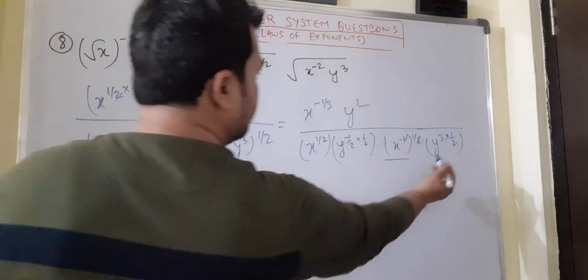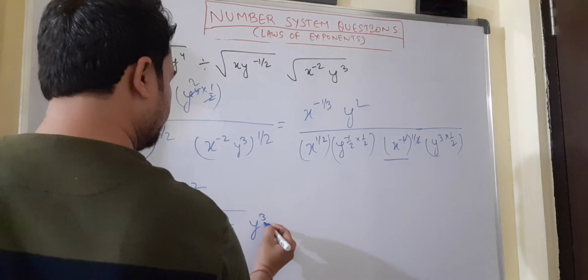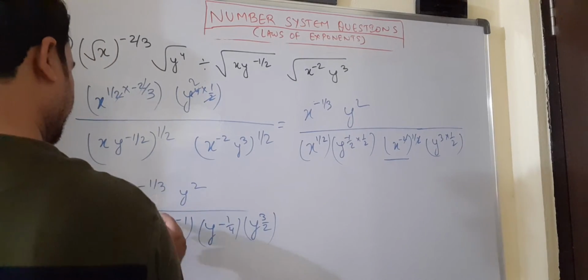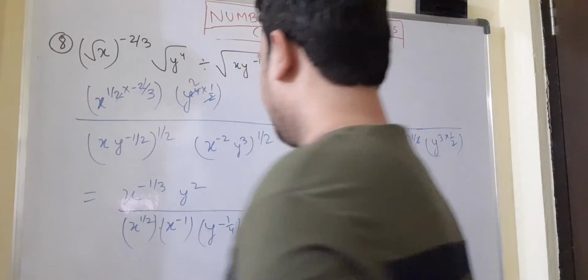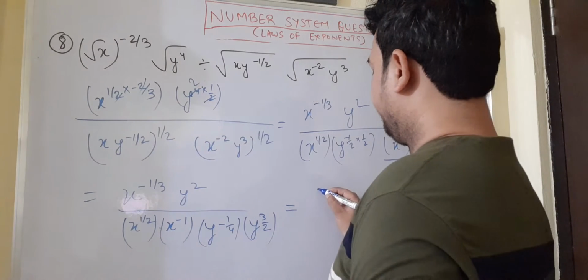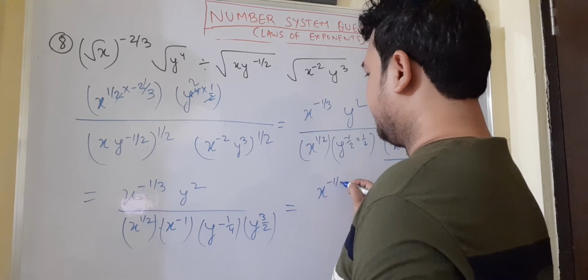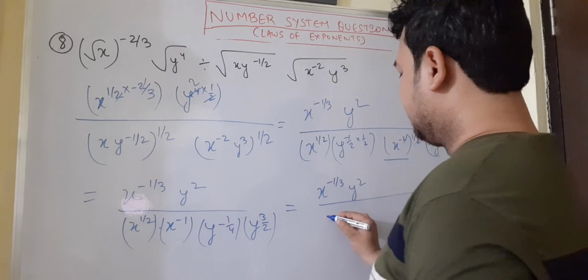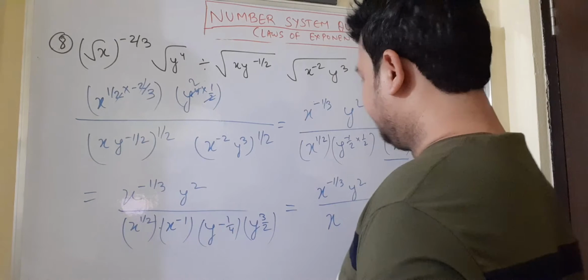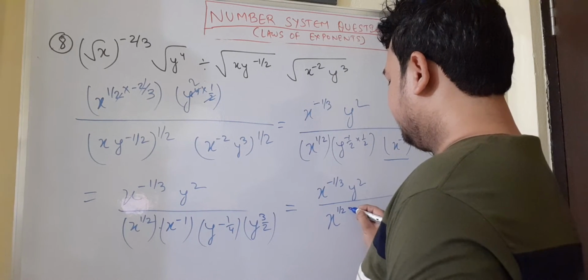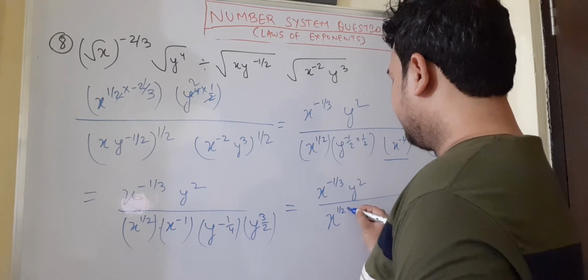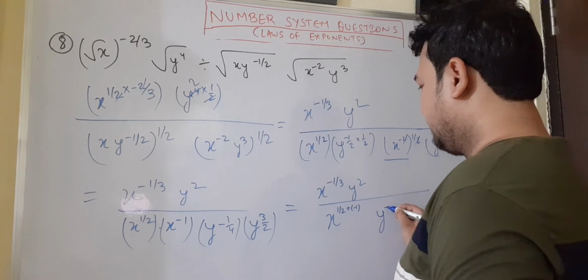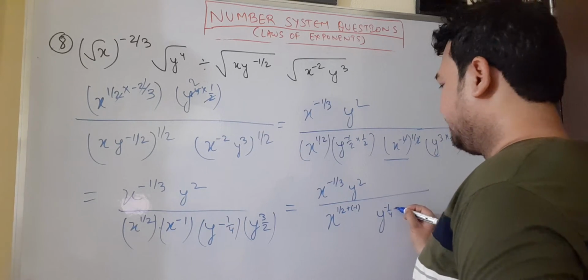Again another y is 3 by 2. x minus 1 by 3, y to the power 2. x powers will add up, 1 by 2 plus minus 1. For y minus 1 by 4 and plus 3 by 2.